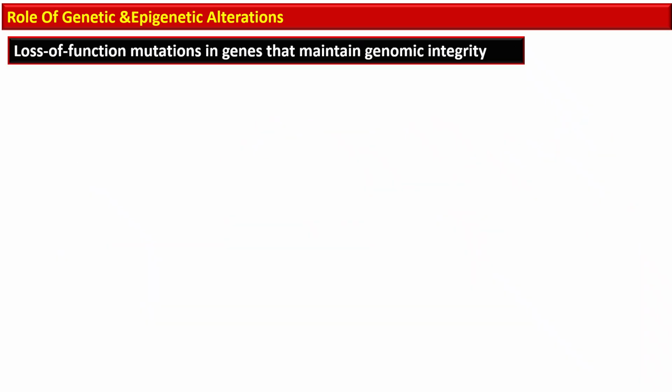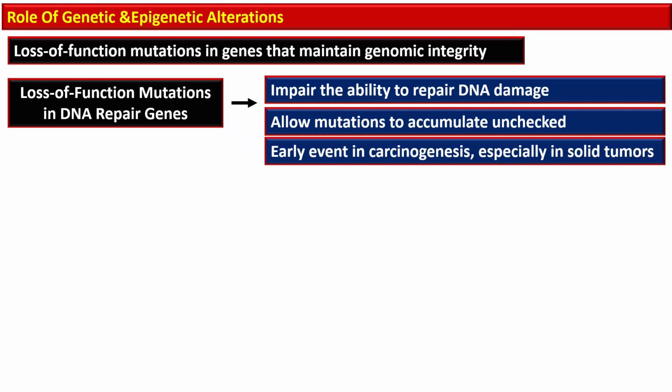Now the accumulation of the mutations in the tumor and the concept of genomic instability. There is loss of function or mutation in the genes that maintain the integrity of the genome.